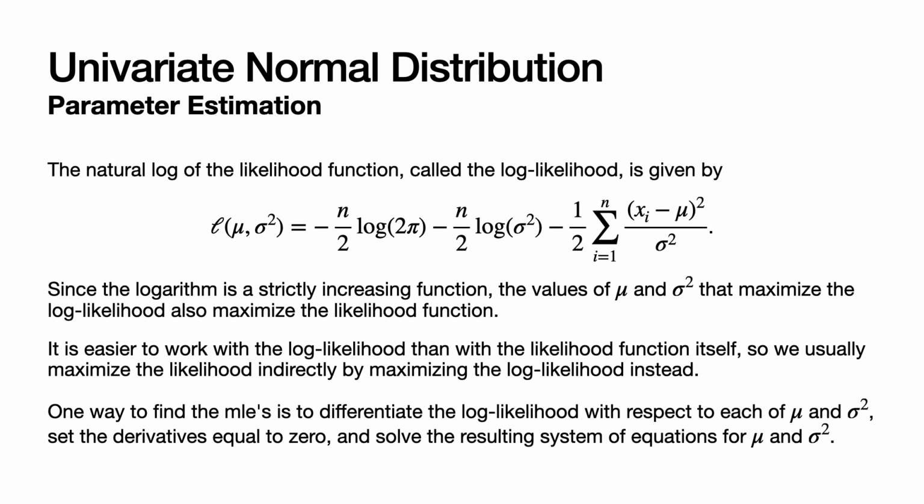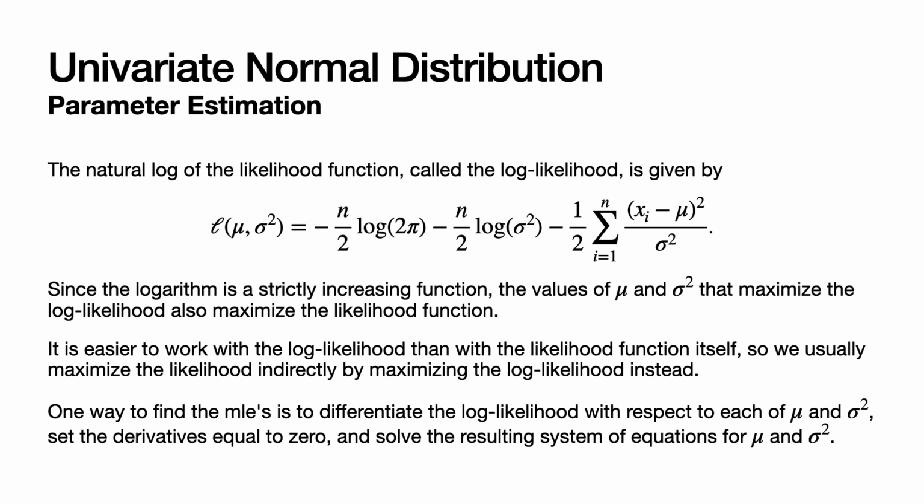So because it's easier to work with the log likelihood than it is the likelihood function itself, we usually maximize the likelihood function indirectly by maximizing the log likelihood function instead. And again, because the logarithm function is an increasing function, the values that maximize the log likelihood function are the same values that will maximize the likelihood function.